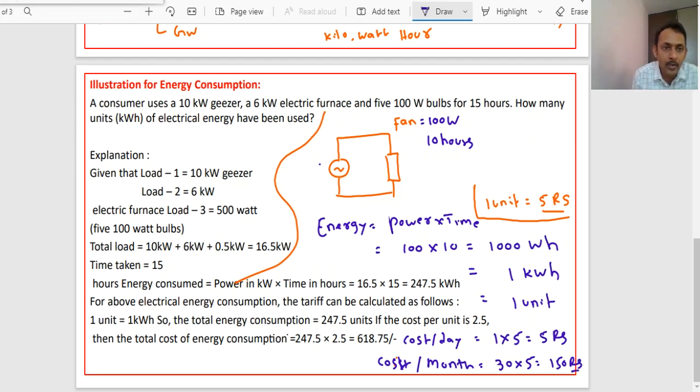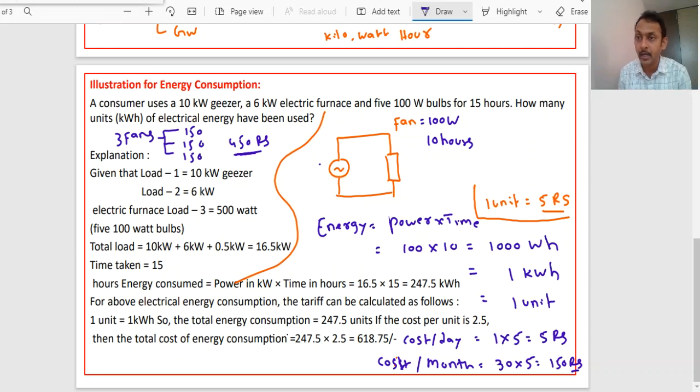If you are having 3 fans in your house and each fan is taking some 150 rupees, obviously just for fans you have to pay some 450 rupees. Only because of using these 3 fans you are going to pay an electricity bill of 450 rupees if you are making those fans in on state for 10 hours.